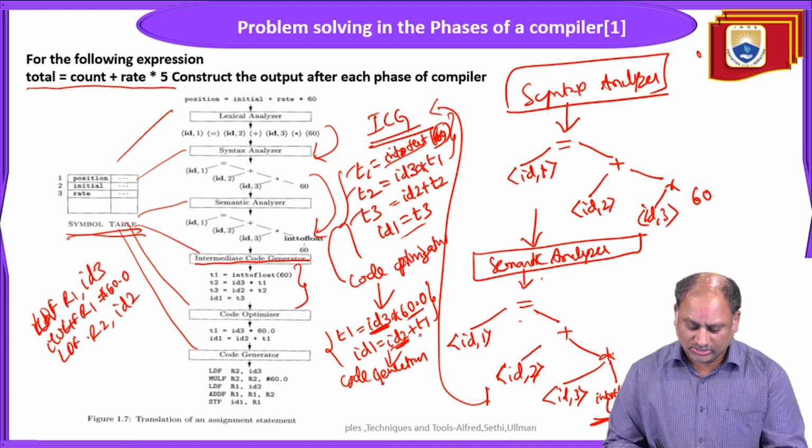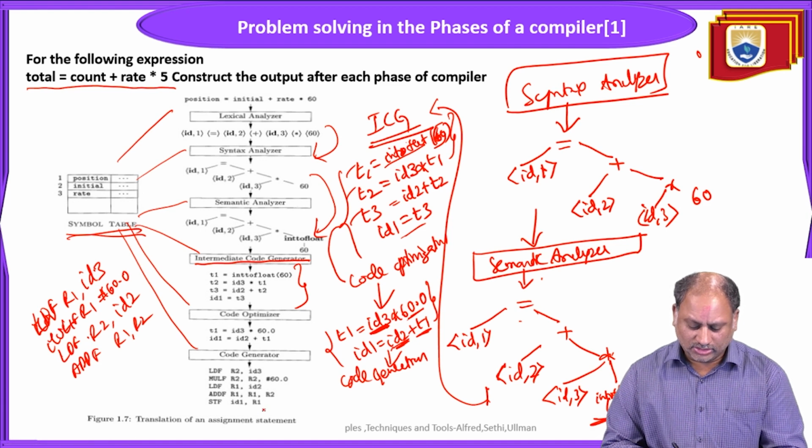Now we add this with the add instruction, add F, floating add. Then the registers to be added: here we add R1 and R2, and the result is stored.